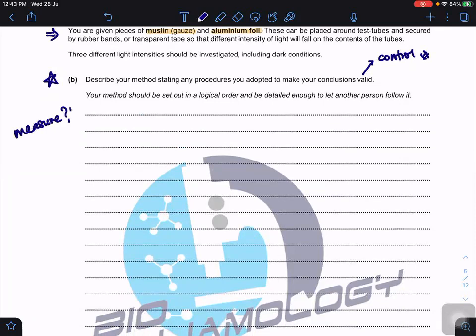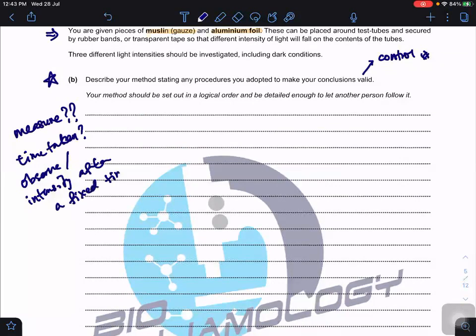Time taken, or you want to observe or measure the color intensity after a fixed time. So which one? So it must be logical and detailed enough to let other person to follow.